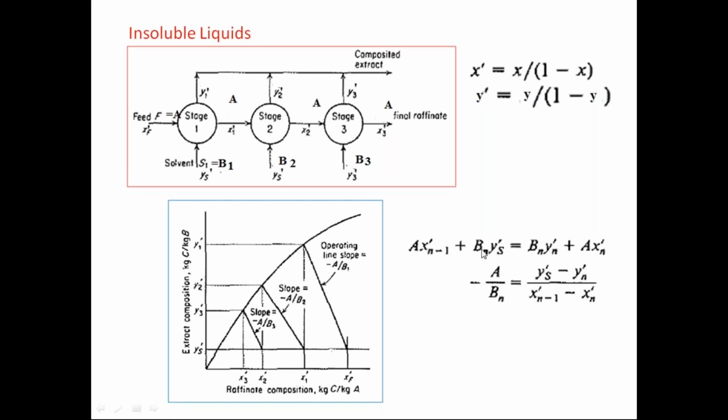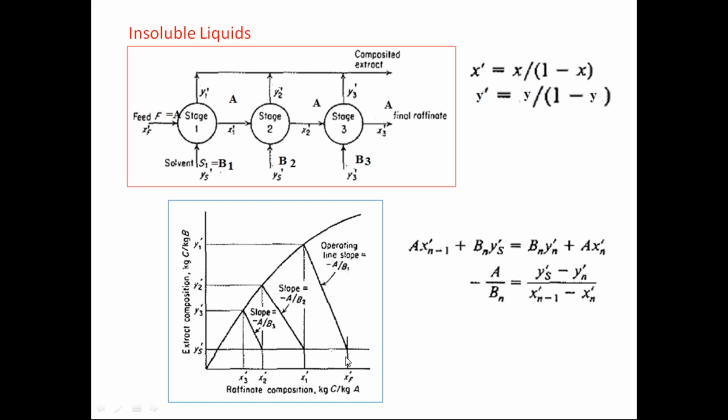And if you see this, this is typically a straight line equation, which will have a slope of minus A by Bn. Then if you add here the ys prime and the xf prime, this is the point, and there should be one line which moves towards the equilibrium line with the slope of minus A by B1.